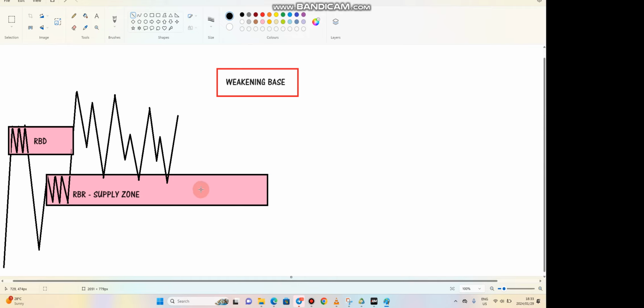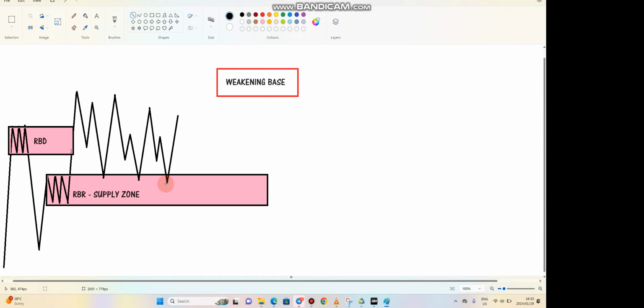There are those traders that believe that when one level or one zone keeps on being hit several times, especially if it gets hit three times, then on the fourth time is where they buy.